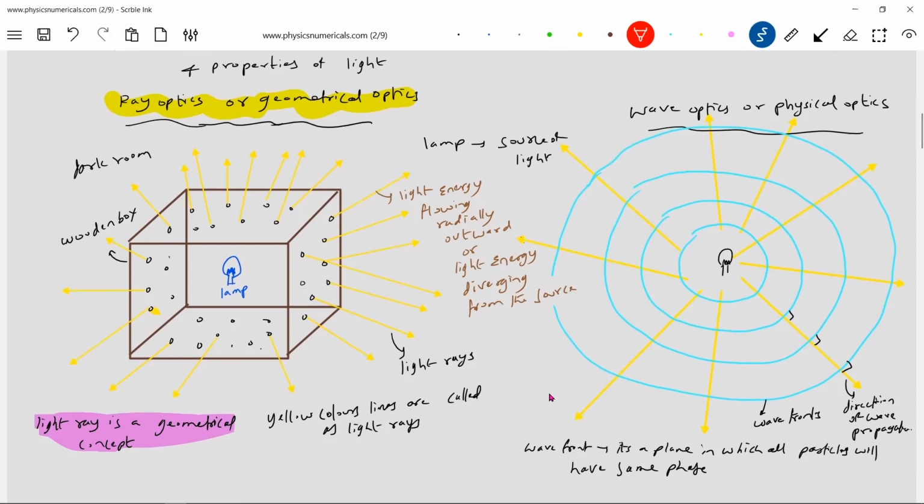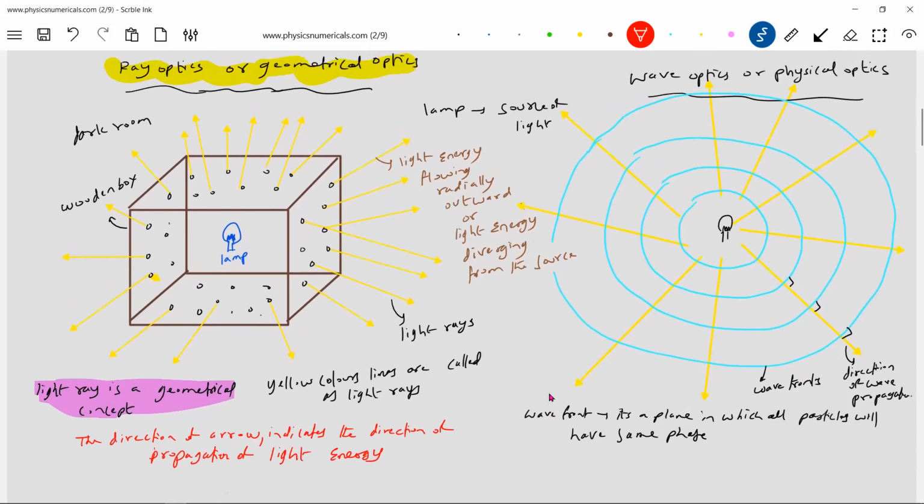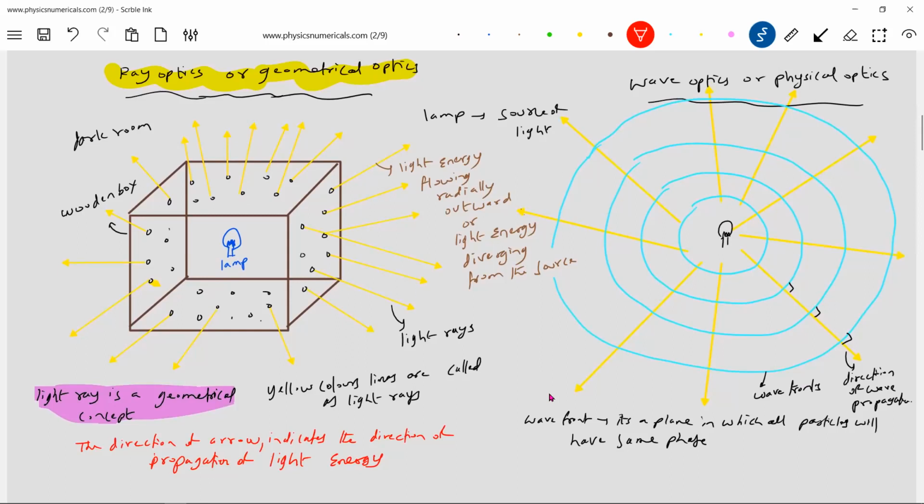The direction of arrow indicates the direction of propagation of light energy.